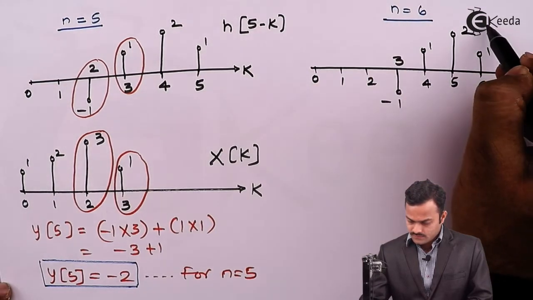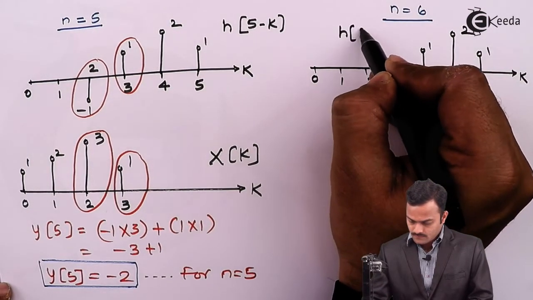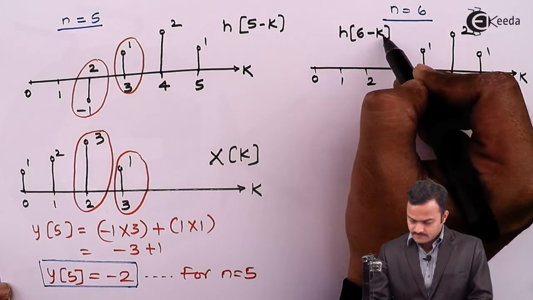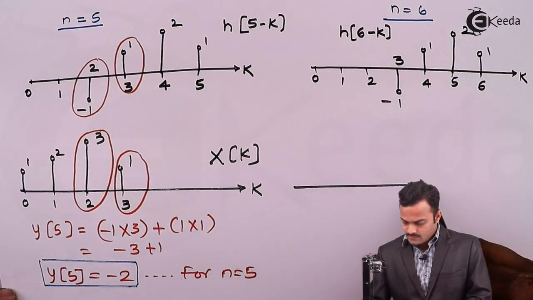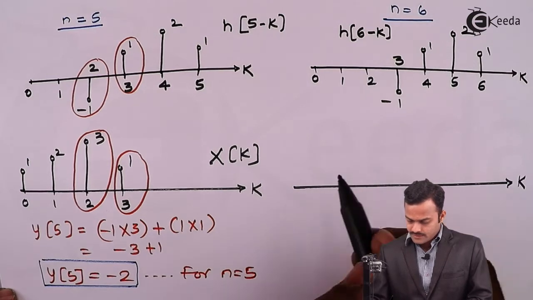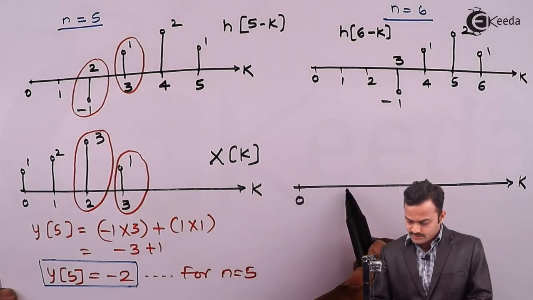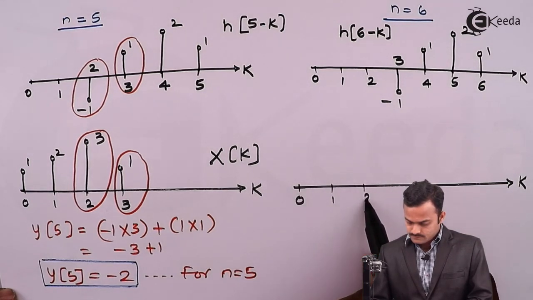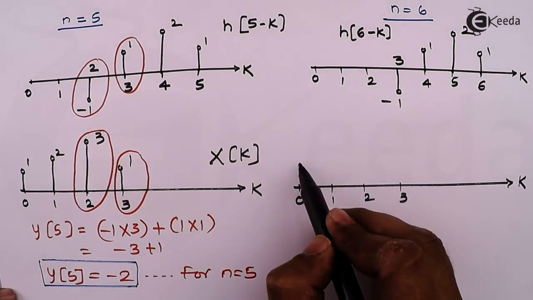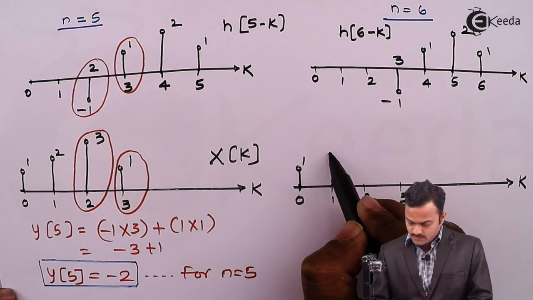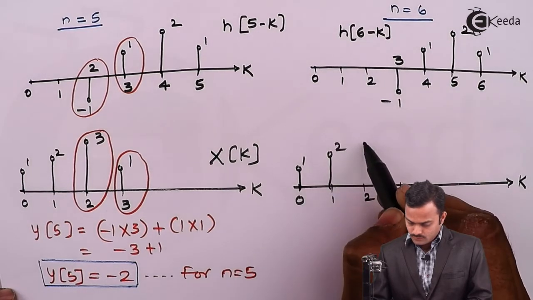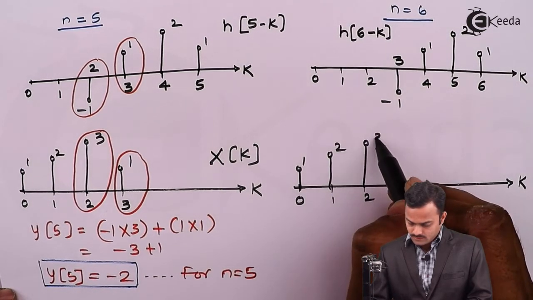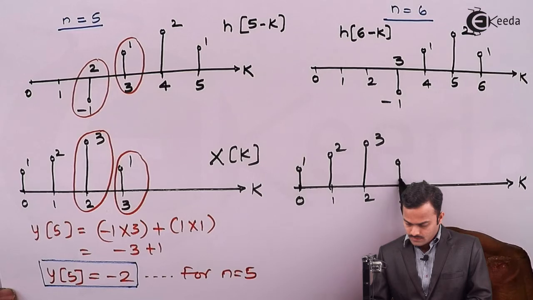So this is h of 6 minus k, and we have x of k spanning from 0 to 3 with the values 1, 2, 3 and 1.